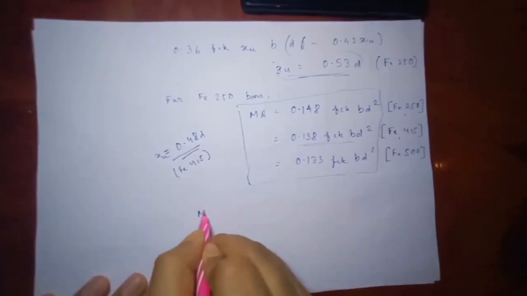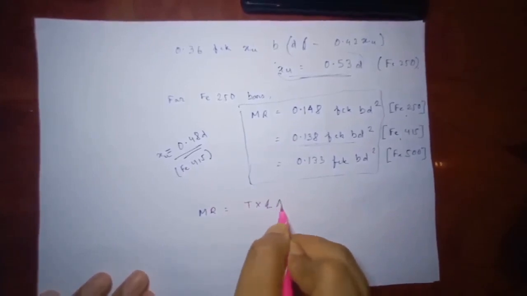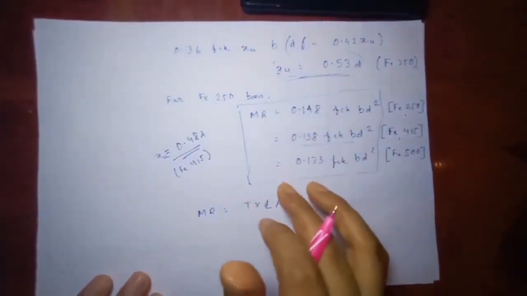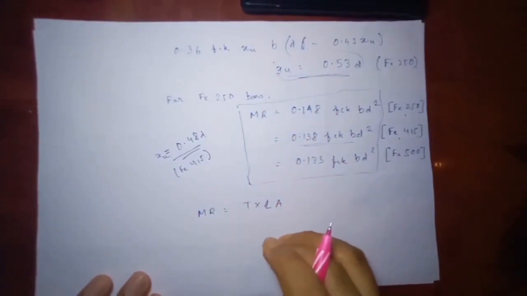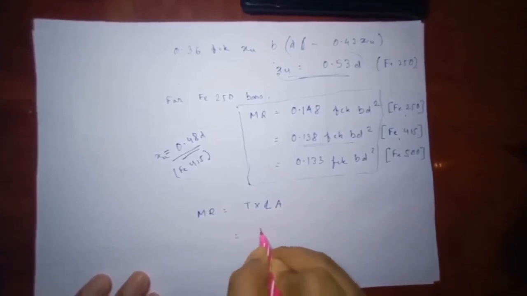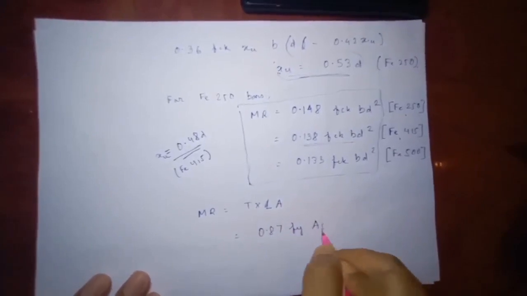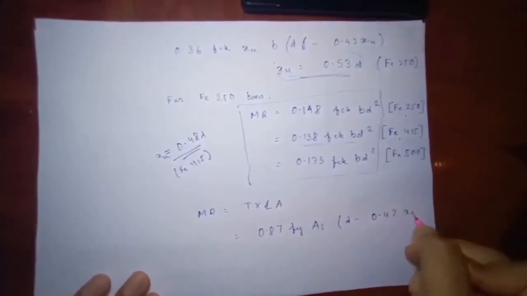Again, MR is equal to T cross LA, right? Just as it was for C cross LA, it can also be written for T cross LA, and that is equal to 0.87 Fy AST D minus 0.42 XU.